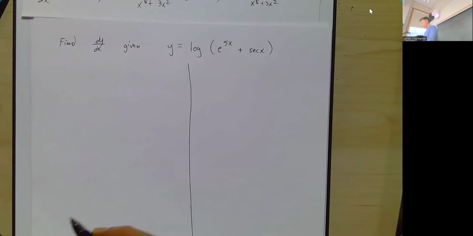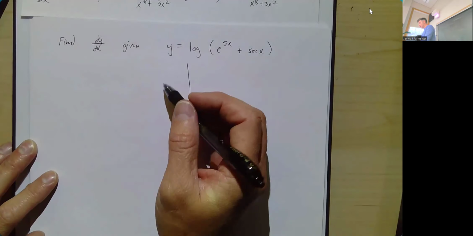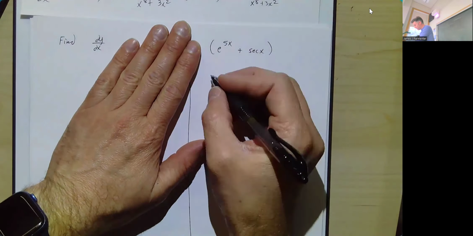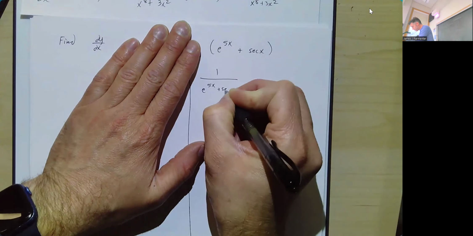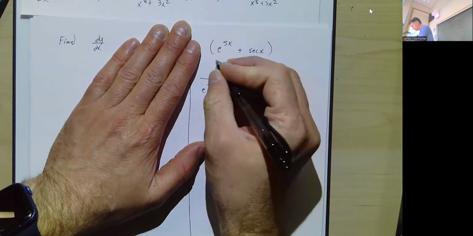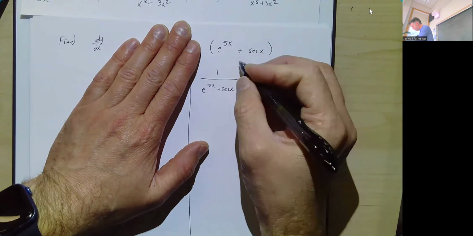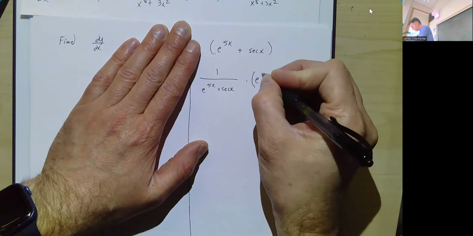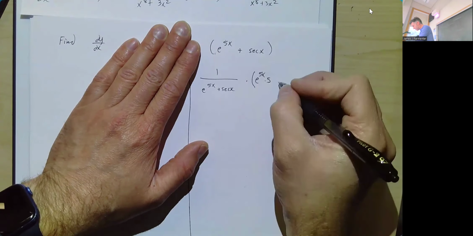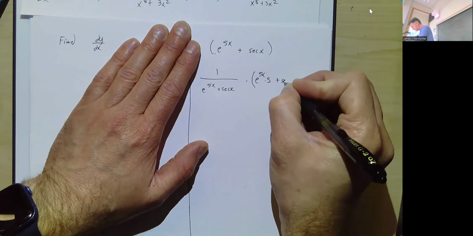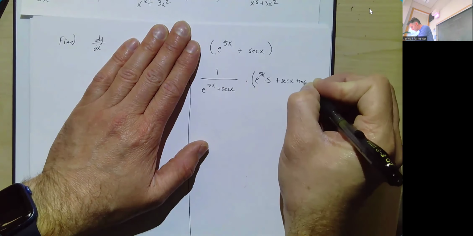So here, I know that the derivative of natural log of this would be 1 over all that times the derivative of all that. The derivative of e to the 5x is e to the 5x times the derivative of 5x. The derivative of secant of x is secant of x times tangent of x.